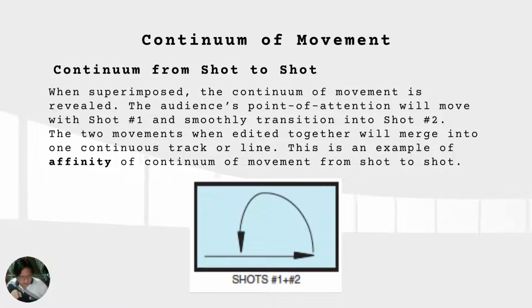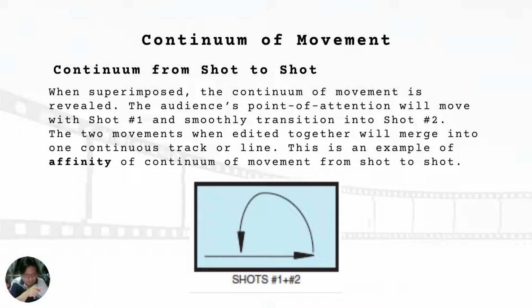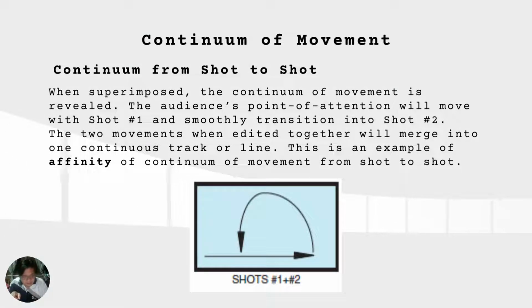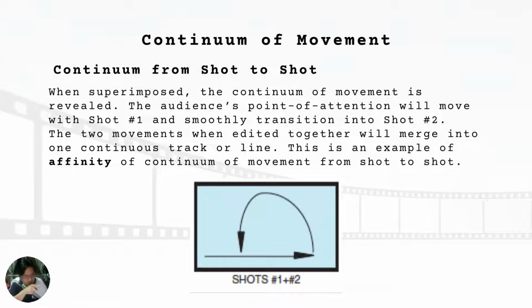Although you have two shots, you guide the point of attention of the audience from one movement to another, and when you edit it into another shot with another movement, you create basically a flowing movement, so there is one point of reference.